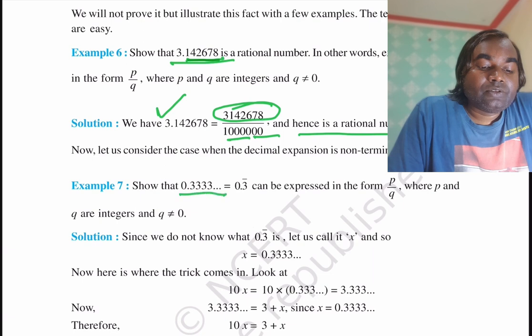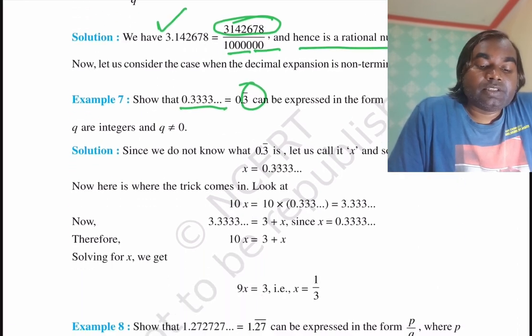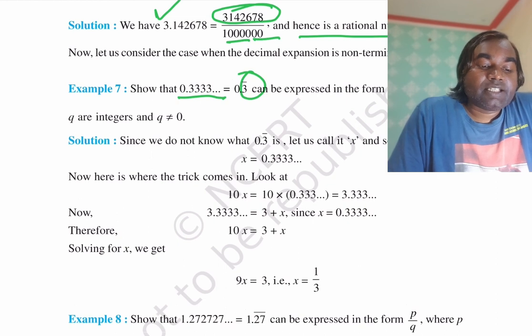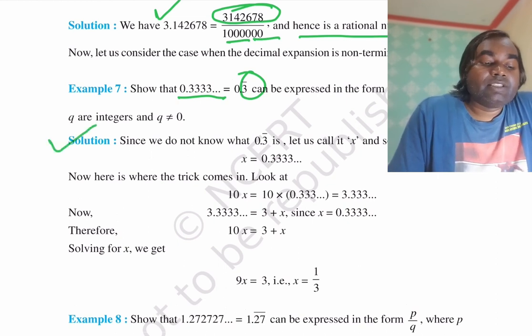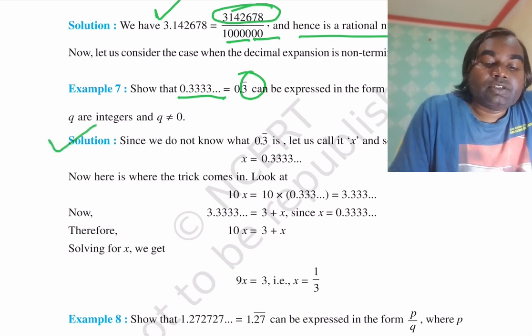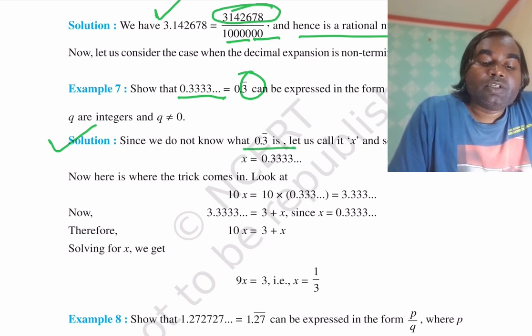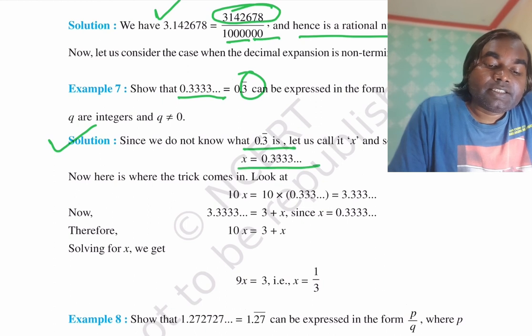Similarly, if the example is of this type, 0.333, where there is repetition of the 3, you can do this by a certain trick. Let us solve this example. You have to find the ratio format of this value. So you assume that x is this value.